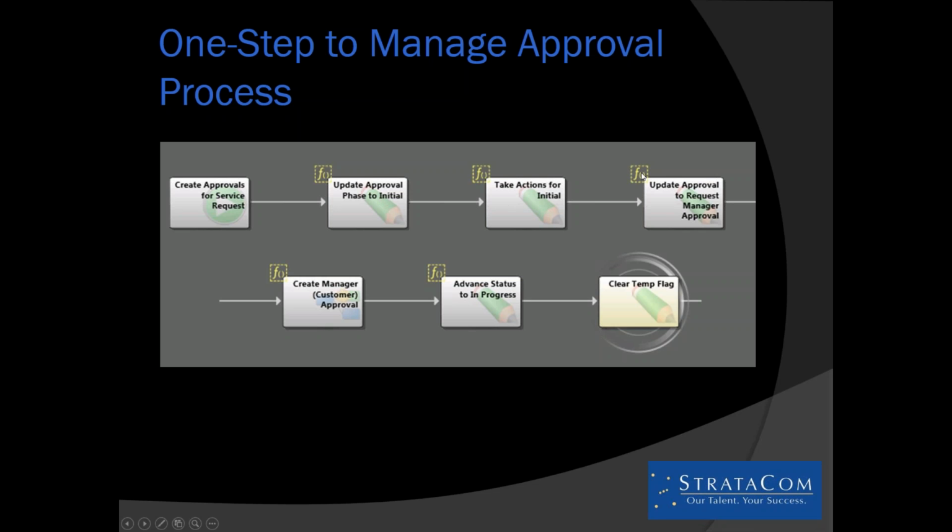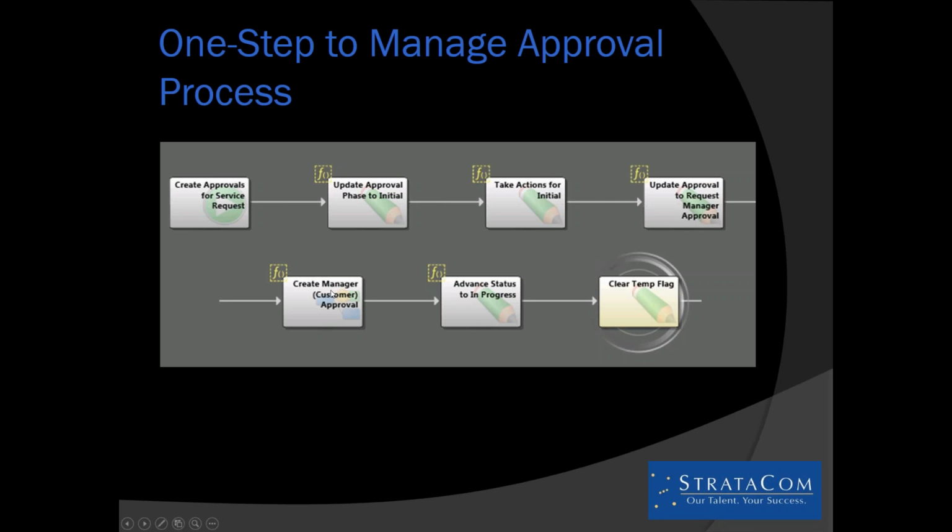So that's why you have an expression here that indicates that initial has been set and the temporary approval phase was not set to true. So then it would advance. This one would pick up and make it request manager approval.